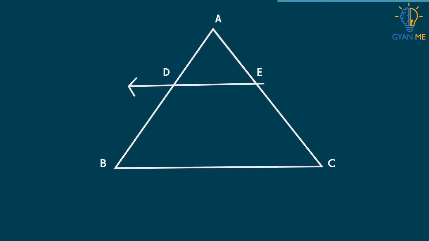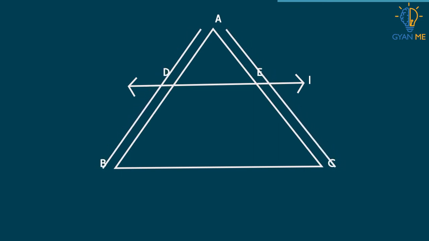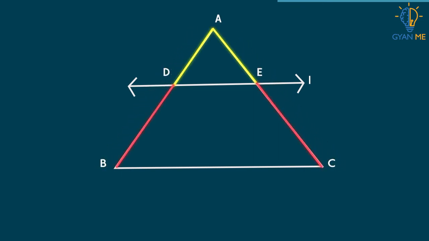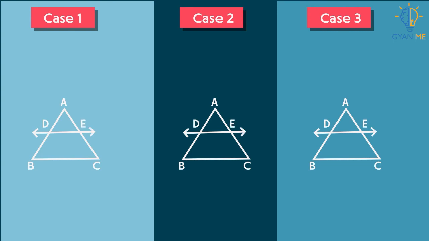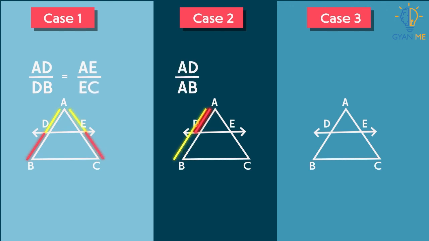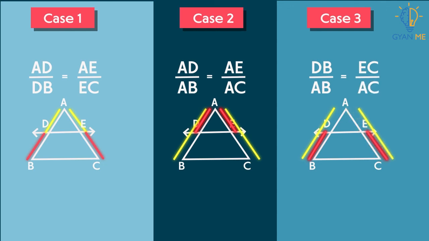By BPT, we can say that when a parallel line cuts two sides of a triangle, it divides them in equal proportions. And this proportionality holds true for all three cases. That is, AD upon DB is proportional to AE upon EC, or AD upon AB is proportional to AE upon AC. Similarly, DB upon AB is proportional to EC upon AC.